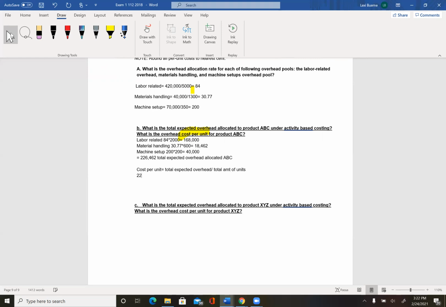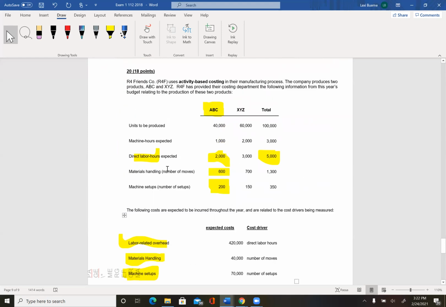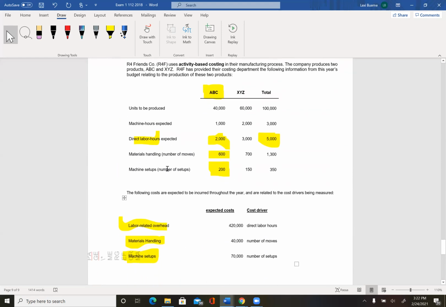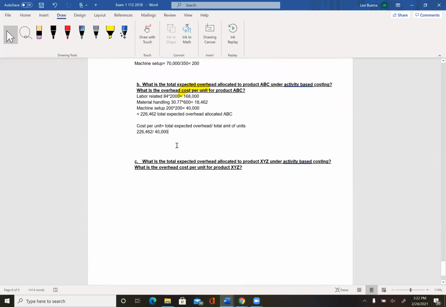So that's going to be the 226,462 divided by 40,000. And that 40,000 comes from right here for ABC, since we're just looking at ABC. So you're just going to take that 40,000 units.